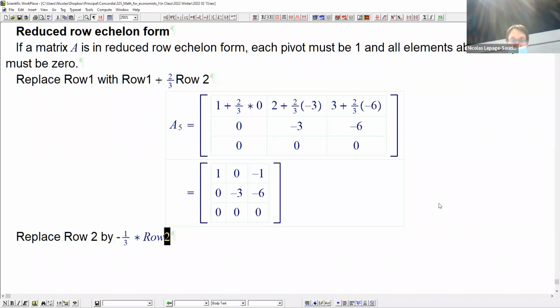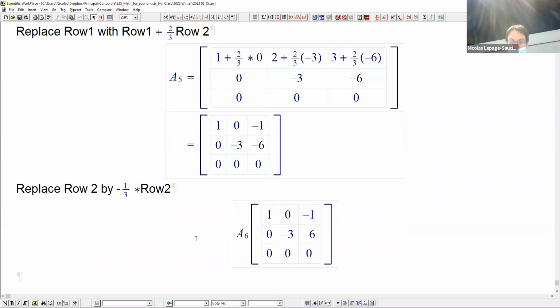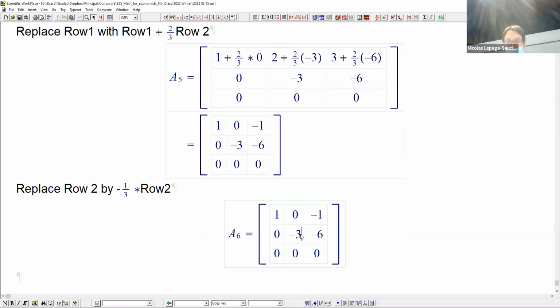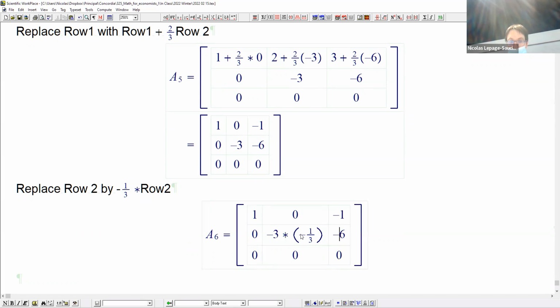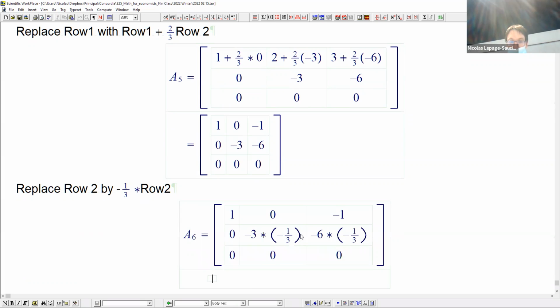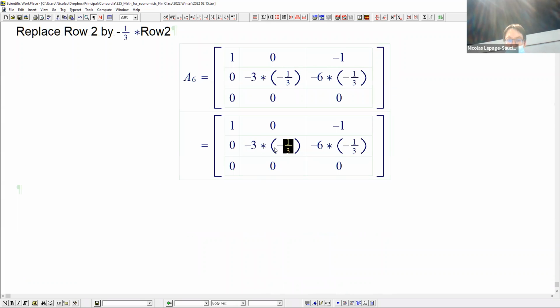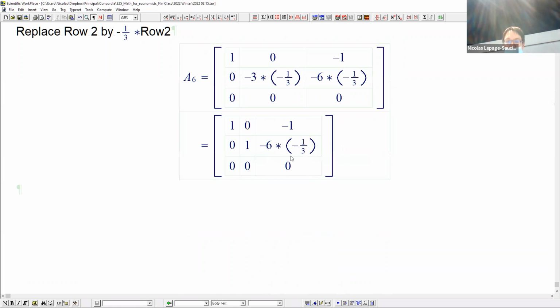So here all I'm doing is essentially multiplying row 2 by minus 1/3 to get a 1 here. A6. One. Here I get this is a minus so 2.